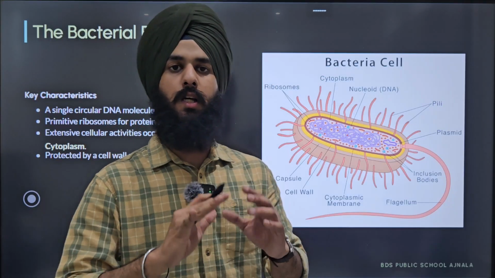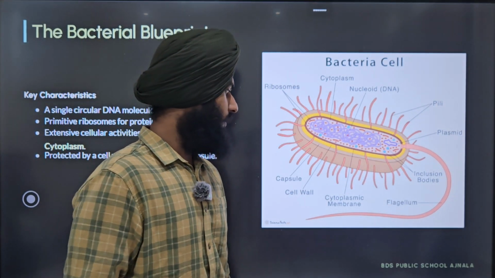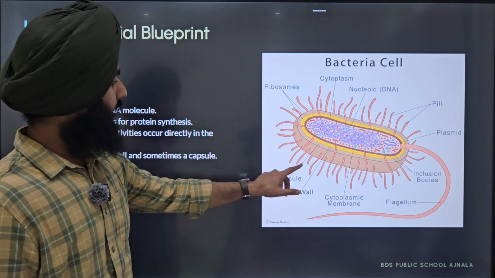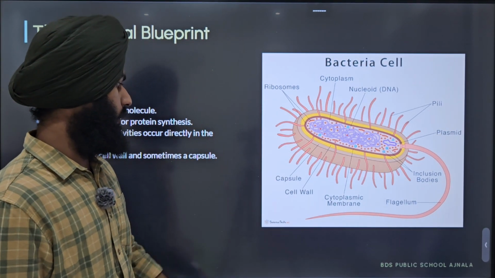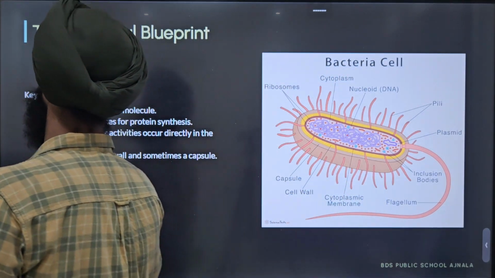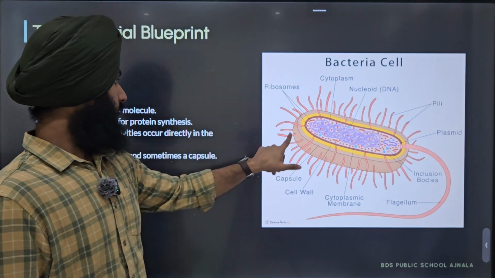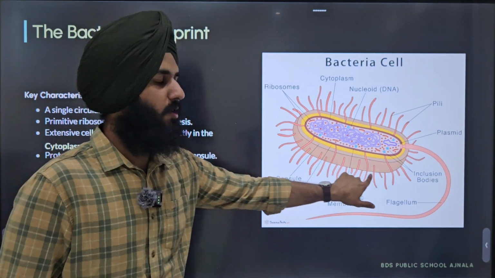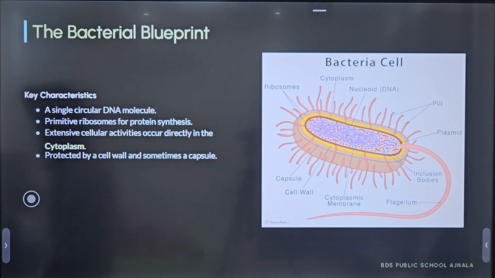So everything in these cells is suspended within the cytoplasm itself, and these generally contain a cell wall and a cytoplasmic membrane. They are covered and protected by a cell wall, and sometimes they are protected by a capsule-like structure as well. So these are prokaryotic cells.